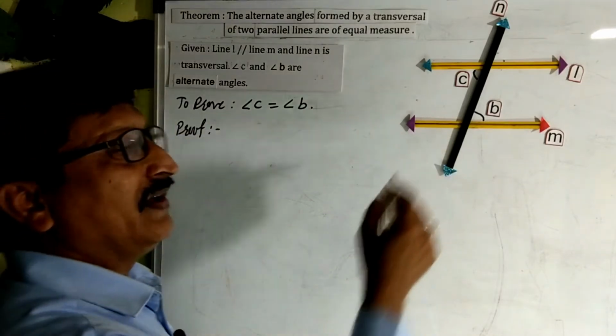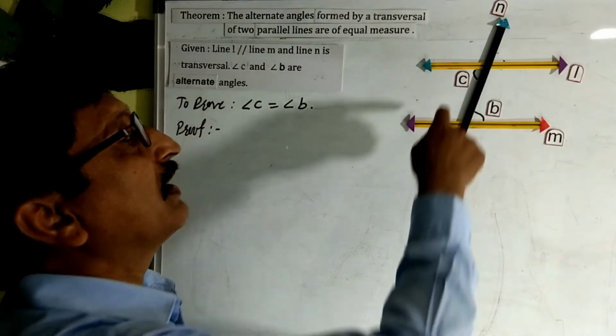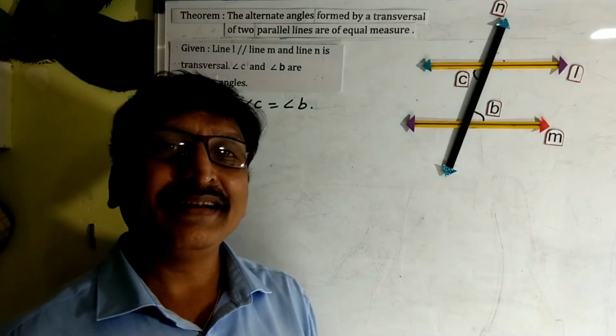Now see, while solving this or while writing the theorem, you have to take another angle that is related with these two angles. You know that the interior angles are supplementary.